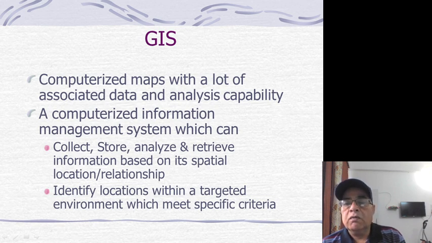Whatever outputs we have from remote sensing will act as the input into the GIS. All these thematic maps, which are theme based and which we have prepared, will act as the input into the GIS.